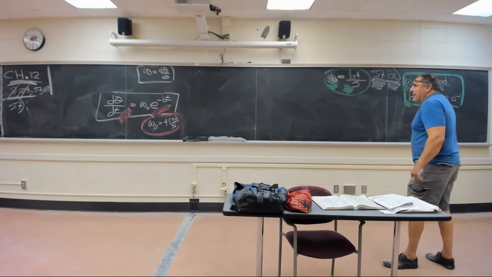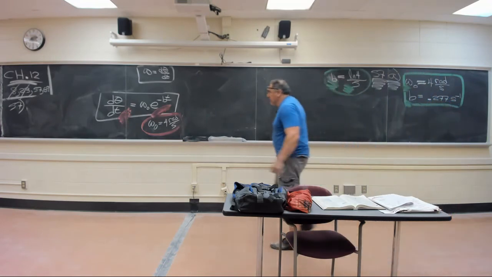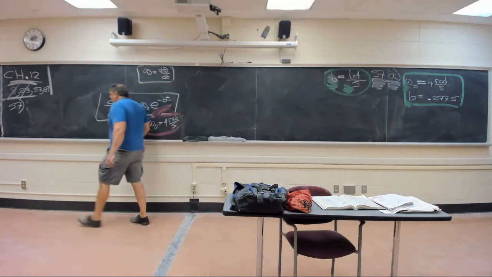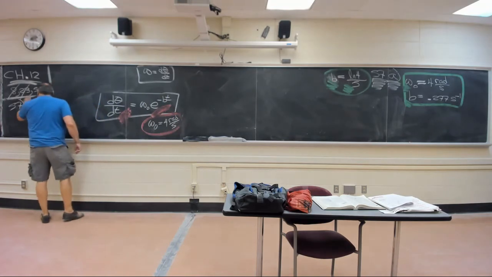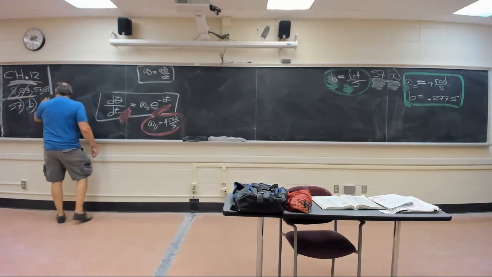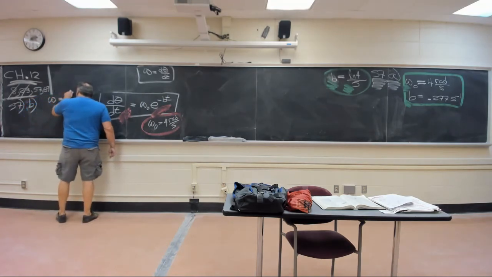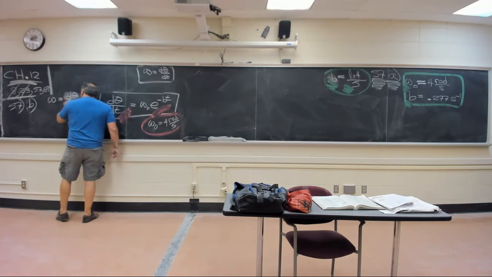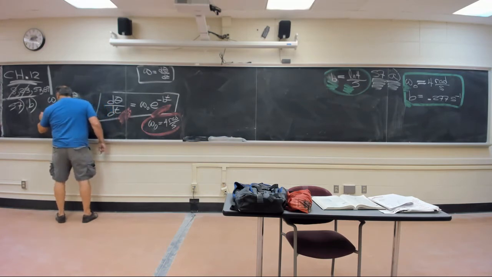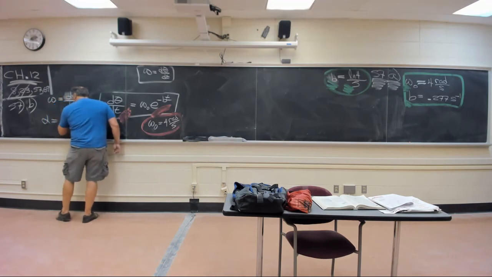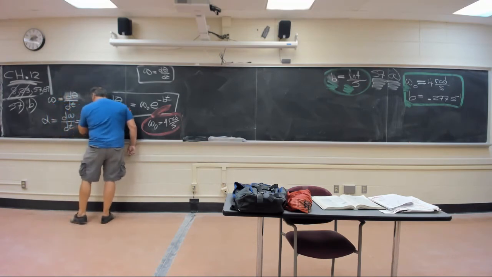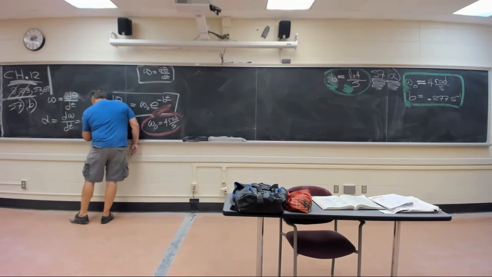All right, guys, so now they're asking for the magnitude of the acceleration for B. Well, look, if omega is d theta dt, alpha is d omega dt, which is just the second derivative of the theta function.